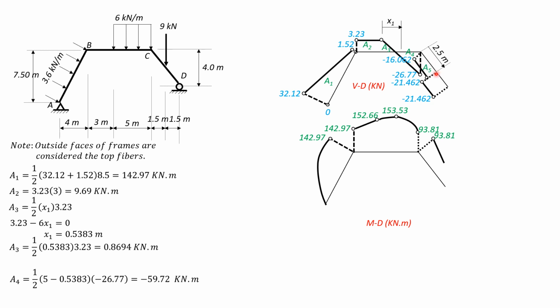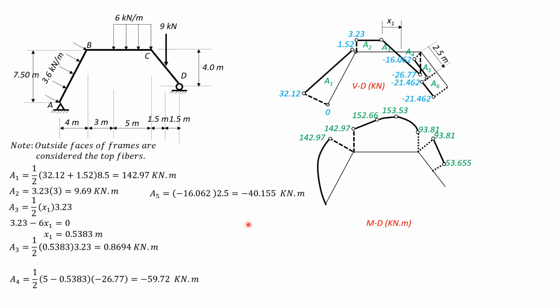And 0 here, and we have 93.81 again, minus 2.5 times negative 16.062. So that's a negative straight line. 93.81 minus 2.5 times 16.062 is equal to area 5.